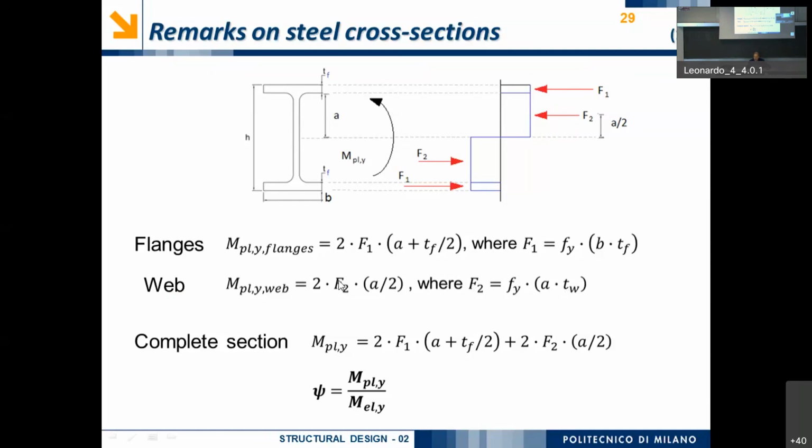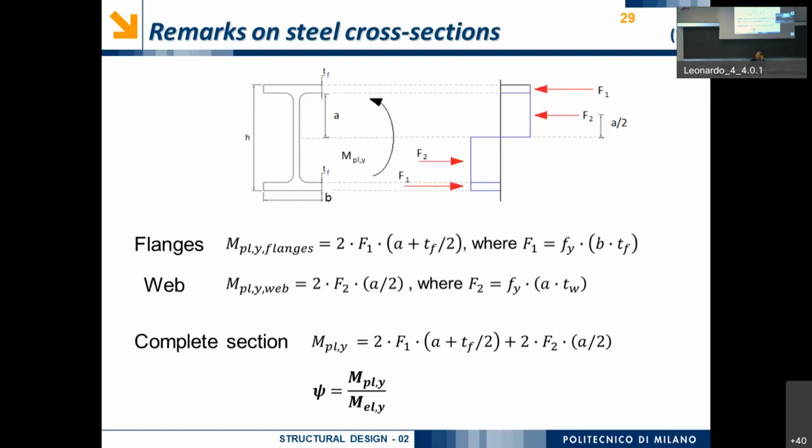So 2 times F2 times half the height of the web. And so for the complete cross section, I have just to sum up the 2 bending moments in flanges and in the web, in order to evaluate, if I want to do this, the ratio between the plastic bending moment and the elastic bending moment.